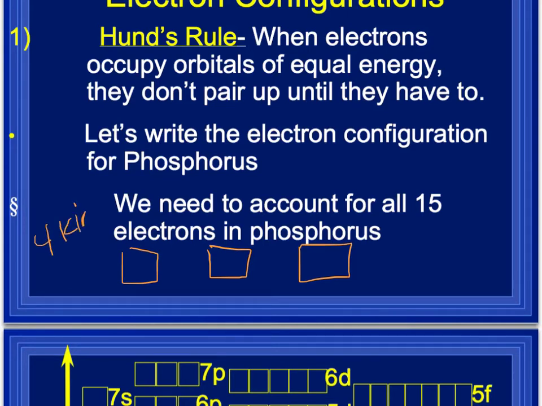Well, we wouldn't put all 4 kids in the same room. We would put one in one room, another in another room, and another in another room. And then if we had to pair up a set of kids, we'd put them here. Then if we had another kid, we'd pair them up in the next room, and then in the next room. So the idea here is if in total we ended up with, I don't know, 6 kids, we wouldn't put all 6 in one room. We'd want to spread them out along the way, and you'll see that in the next slide.